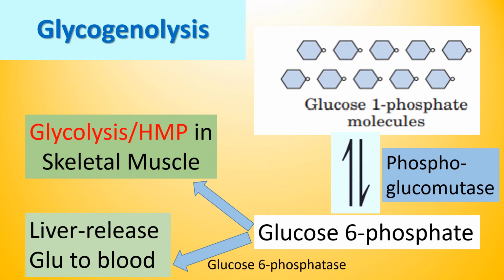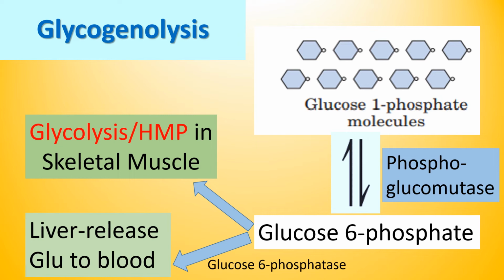From this complete slide, we can say the glucose 1-phosphate molecule produced as a result of glycogenolysis is converted into glucose 6-phosphate through phosphoglucomutase, and this glucose 6-phosphate within the muscle is oxidized to produce energy through glycolysis or the hexose monophosphate shunt during muscle contraction.